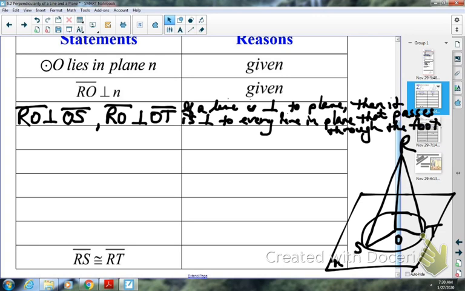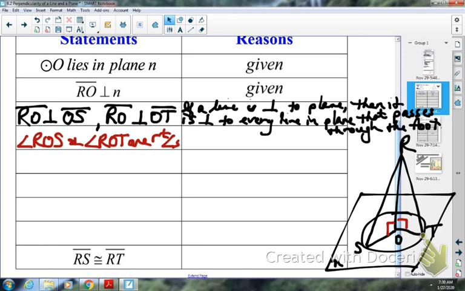Okay, that's just what it means for a line to be perpendicular to a plane. Now, again, you should know that when you have perpendicular lines, you have right angles. So in this particular picture, my right angles are going to be angle ROS and angle ROT. So I'm going to state that next. So angle ROS and angle ROT are right angles.